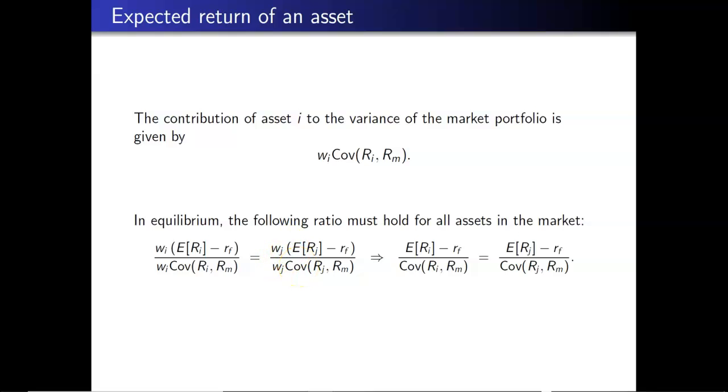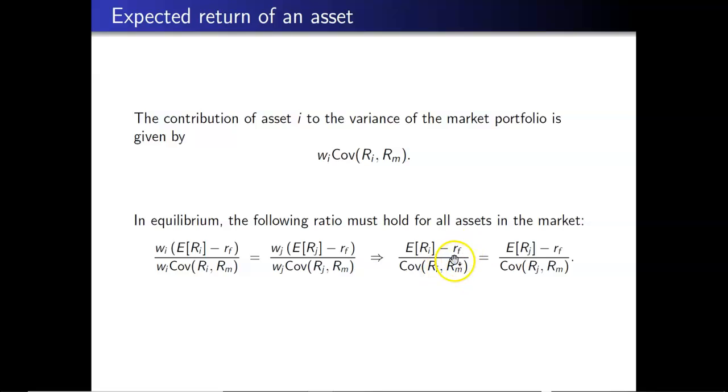Otherwise, if one asset in the market has a higher contribution to return than its contribution to risk, everyone will buy it. The price will go up to the point where the expected return will fall to its equilibrium value. So the weights cancel out.